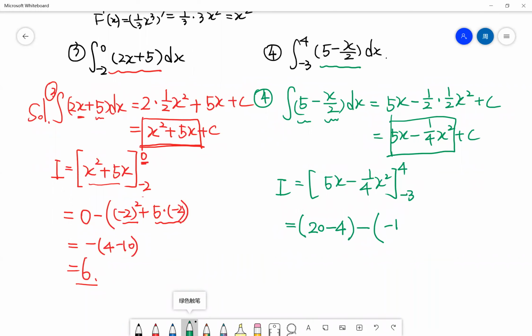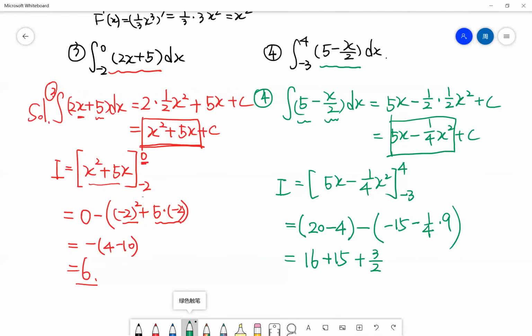So that means -15 first, and then minus 1/4 times 9 here, which I said was 3/2, right? So that is 16 plus 15, and then plus 3/2.